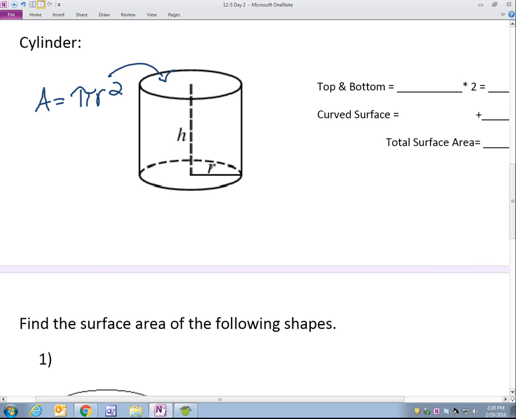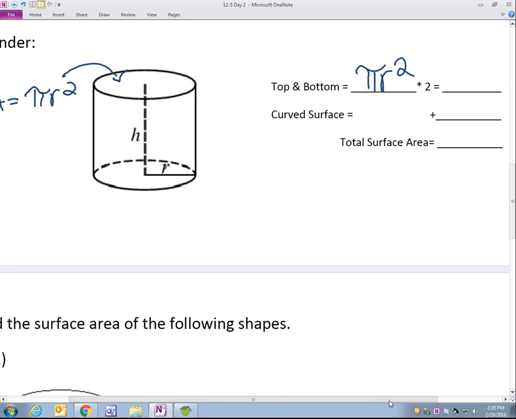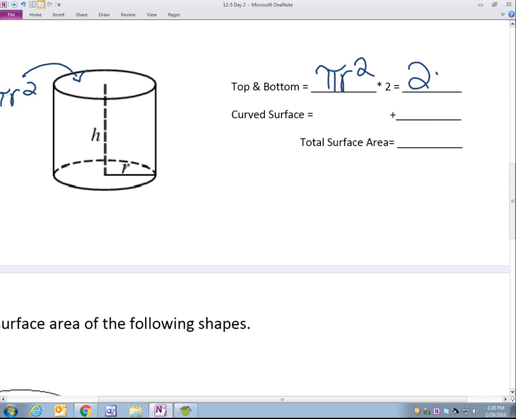That's true, pi r squared. So we're finding the area, top and bottom, we have pi r squared. And twice that much is going to be 2 pi r squared.